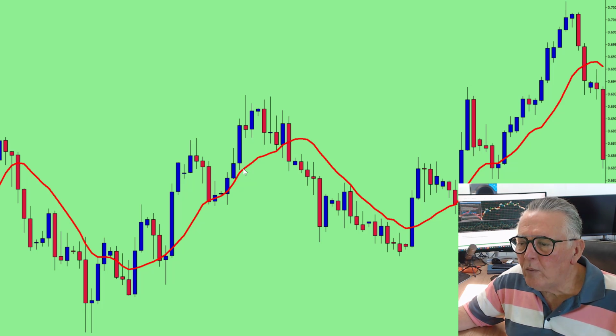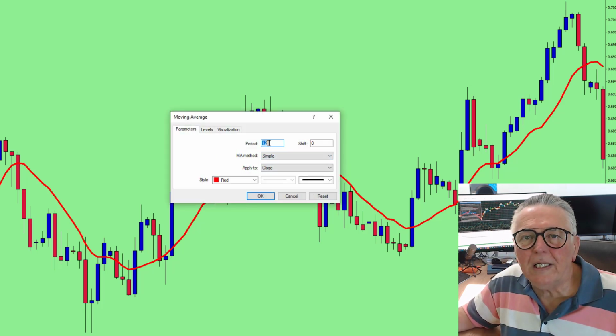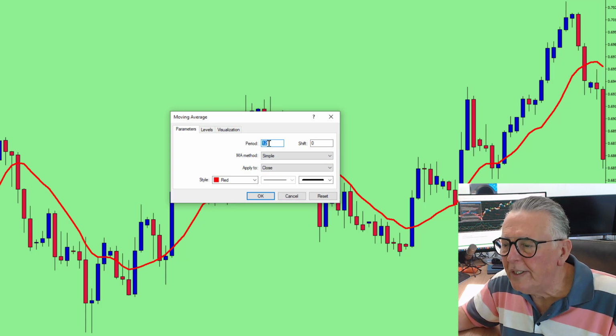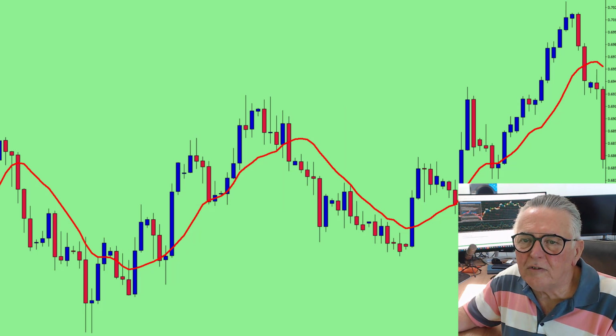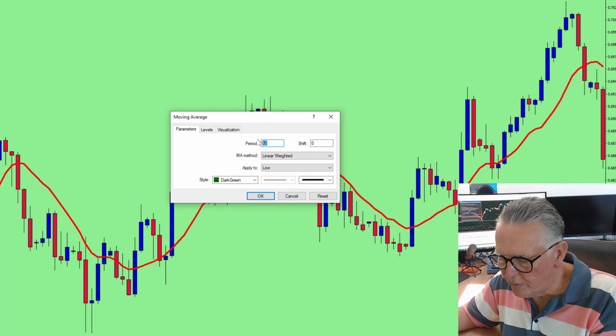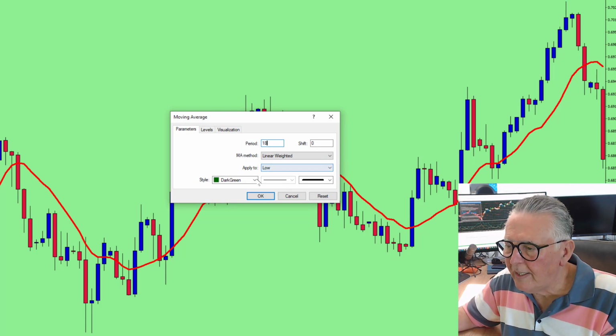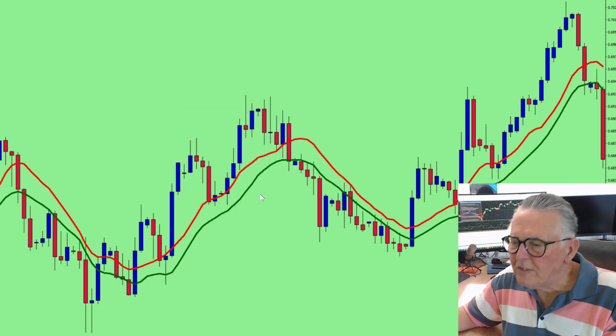So one of the ways is to make your periods a little bit longer, or slacker. So instead of using the existing one, I'm going to just use another one again, and I'm going to put this as 80, and it will be green, so that's fine.